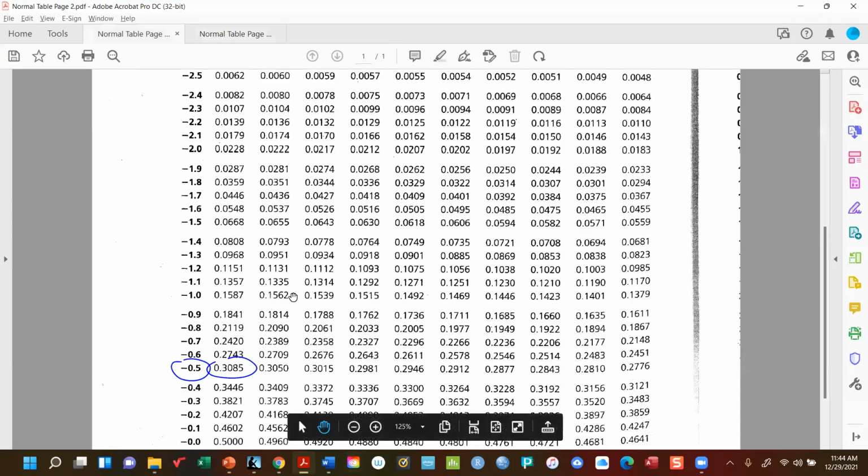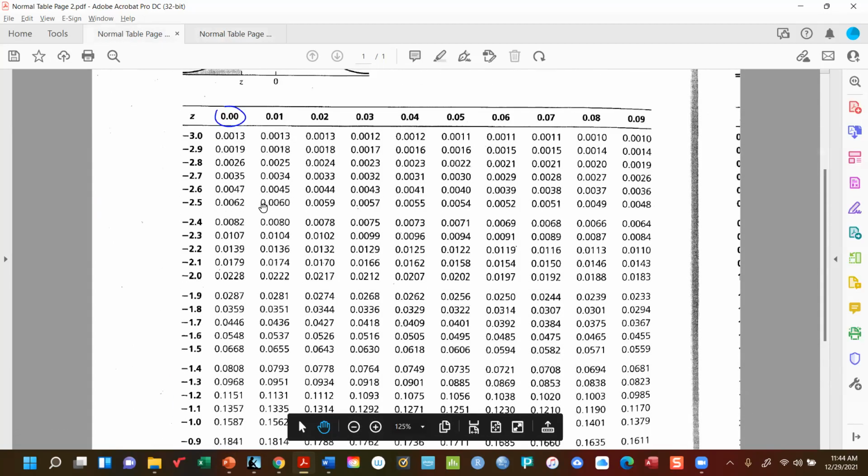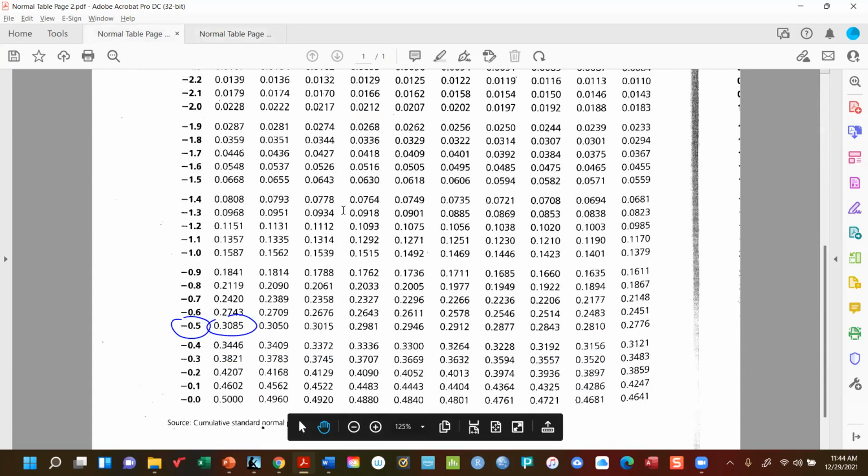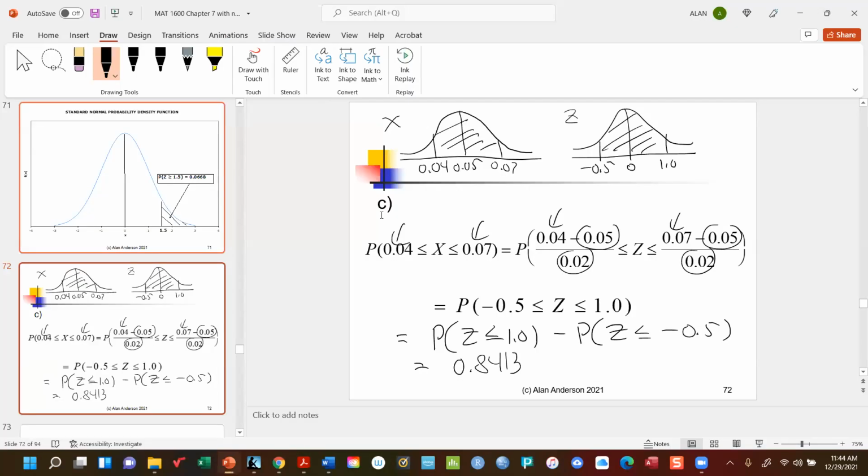Oh, it was already right there. We used that before. How do you like that? 0.3085. So whatever that difference is, is the probability that we need. 0.5328.